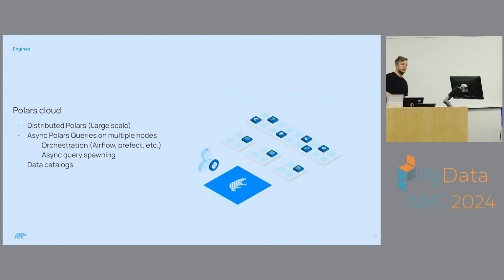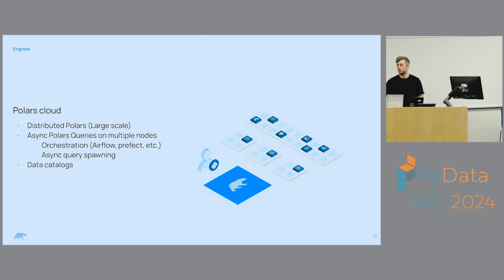And finally, for the large data, we're building Polars Cloud. We started building this 3-4 months ago. We still have a lot to do. This will be two things. It will be an async runtime. So imagine you're writing Polars on your laptop and you want to run a query and want to do something else in the meantime. You can publish this query, let it run serverless, and you get a join handle, which you can await later.